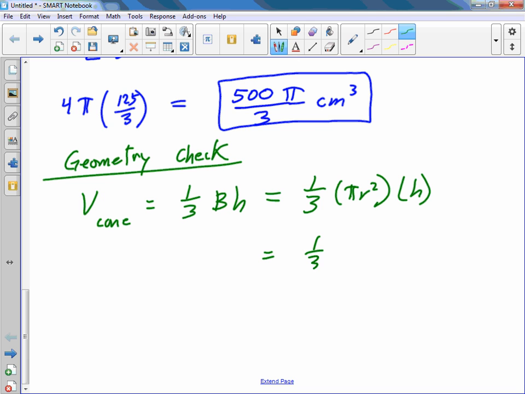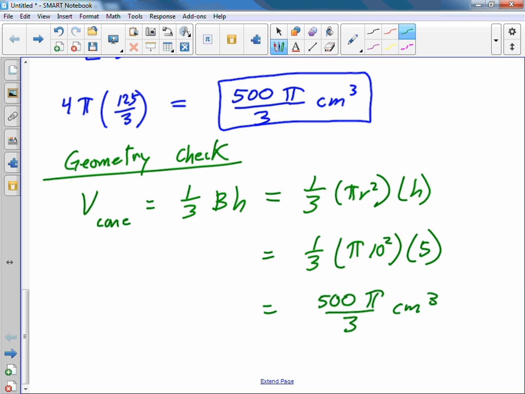Equals 1/3 times pi. The radius was 10, squared, times 5 equals, oh, I can see it, 500 pi over 3 centimeters cubed. And you're saying to yourself, why didn't we just do that and skip the calculus?